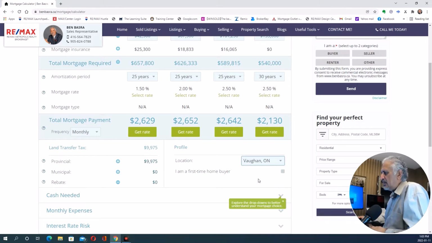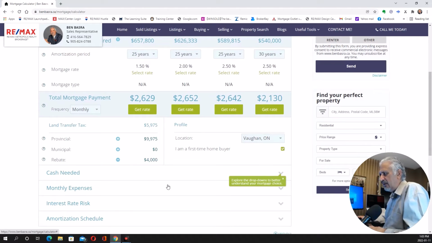Let's say you're a first-time buyer, and then you will get a $4,000 rebate, so you will be paying only $5,975. But you need to qualify to get this rebate, and there are a few conditions for how you qualify, and I will not go there now. But if you need to ask me a question about it, I will help you, no problem with that.